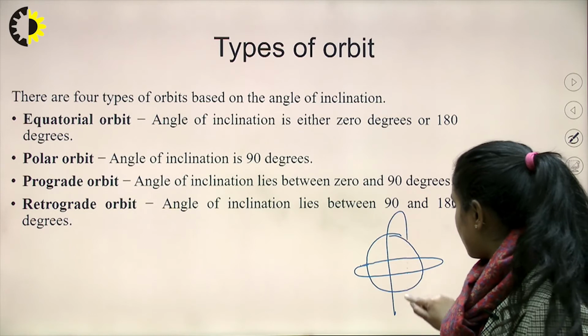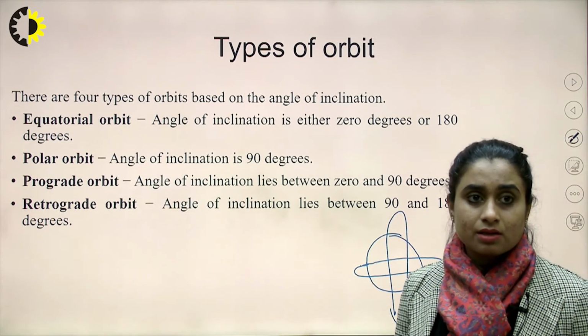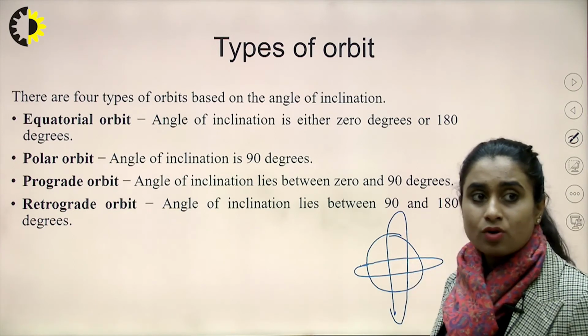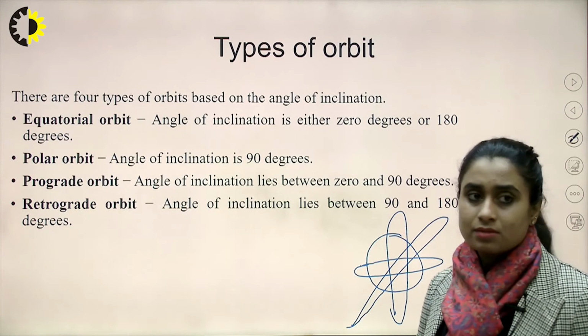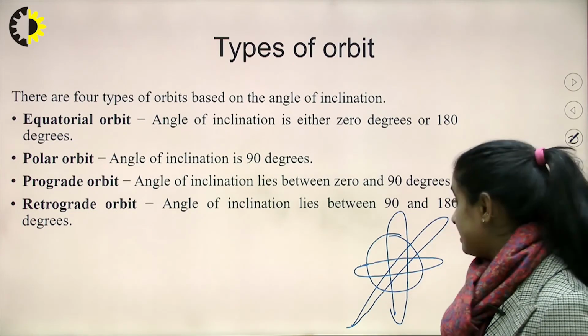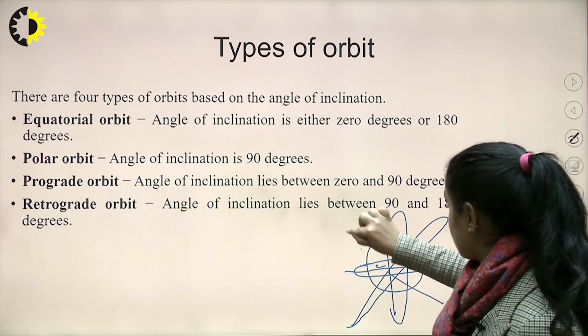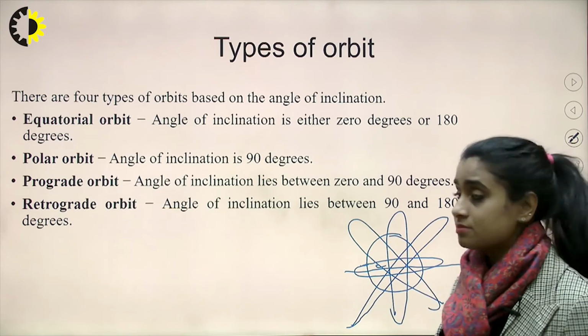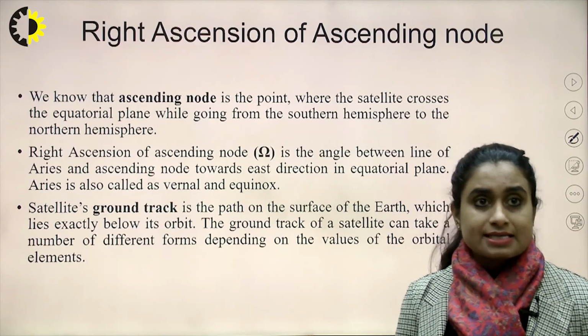This will be a polar orbit, that makes 90 degrees with the equatorial plane. Prograde orbit, angle of inclination lies between 0 and 90 degrees, right? Retrograde, angle of inclination lies between 90 and 180 degrees, if from here we are calculating, right? So like that.